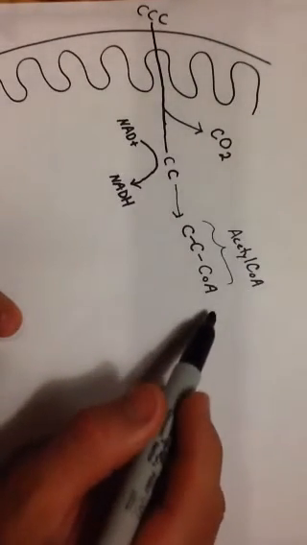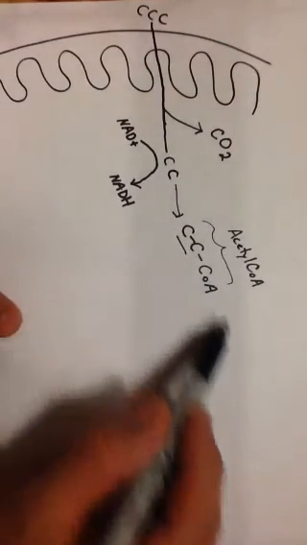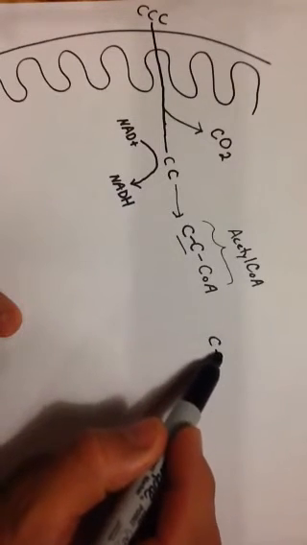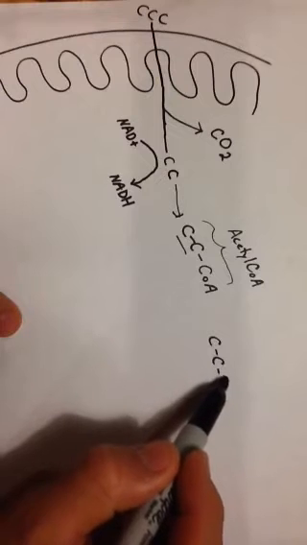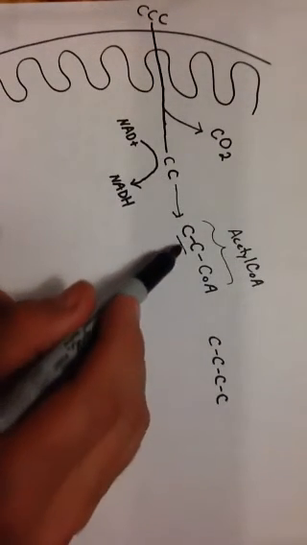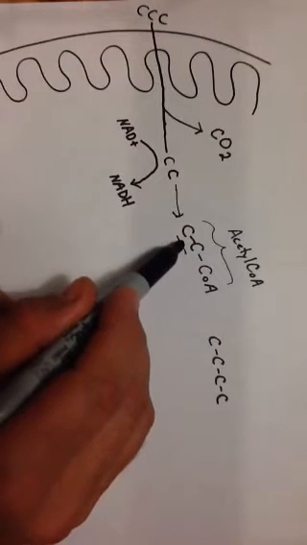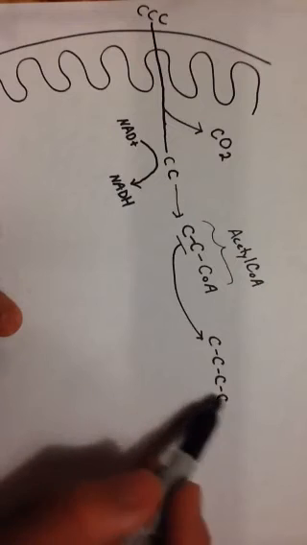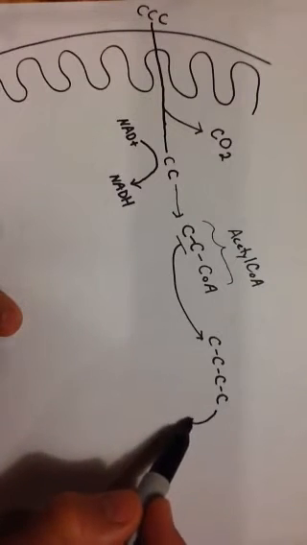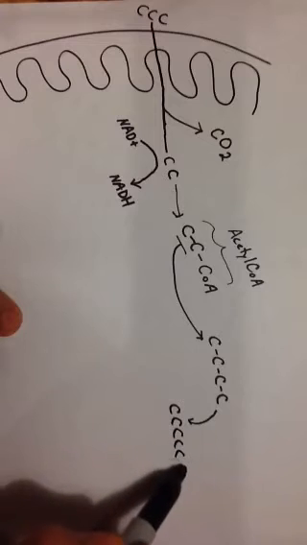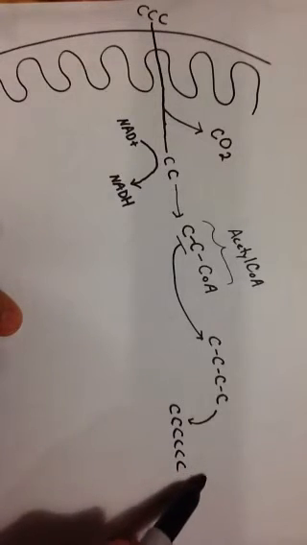This acetyl-CoA is then going to take this 2-carbon fragment and attach it to a 4-carbon fragment that's already sort of present in the matrix. So when this molecule takes these 2 carbons and attaches it to these 4 carbons, it's going to result in a 6-carbon molecule, and this is citric acid.